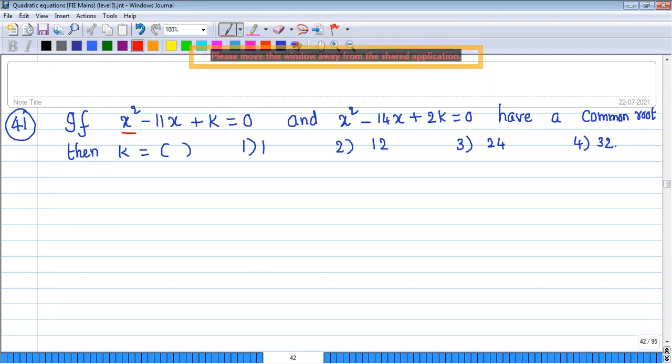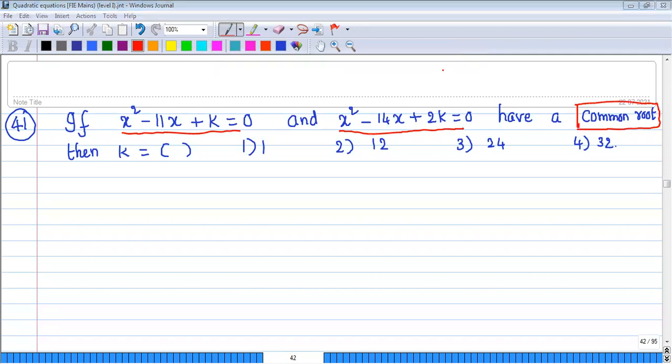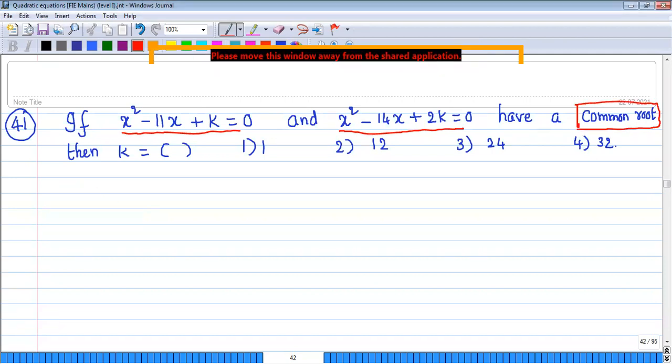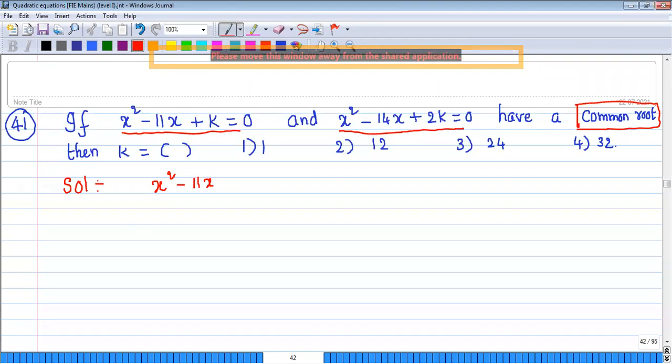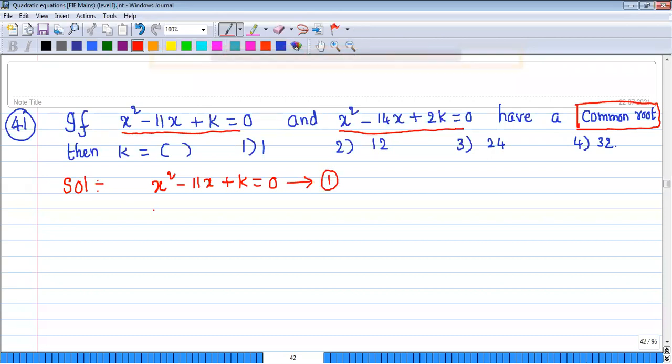So x square minus 11x plus k is equal to 0, and x square minus 14x plus 2k is equal to 0 have a common root. Here by inspection it's somewhat difficult, a typical task. So let us solve them. Equation 1: x square minus 11x plus k equals 0. Second equation: x square minus 14x plus 2k.